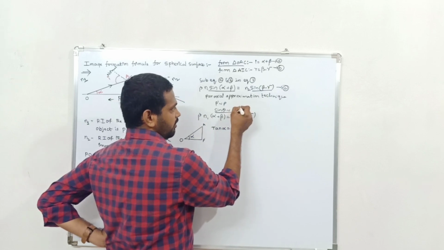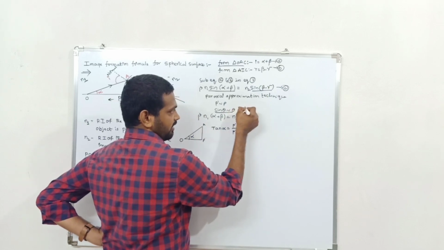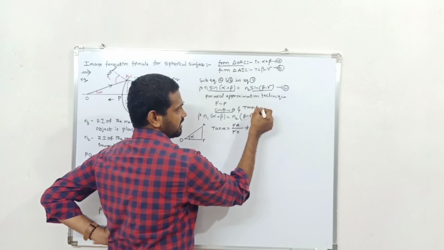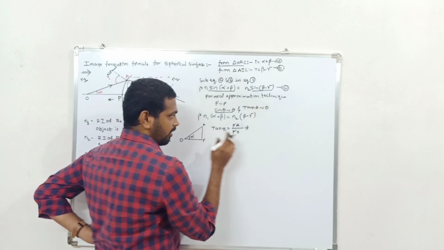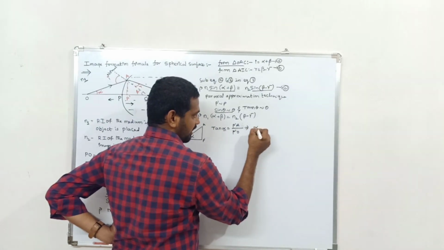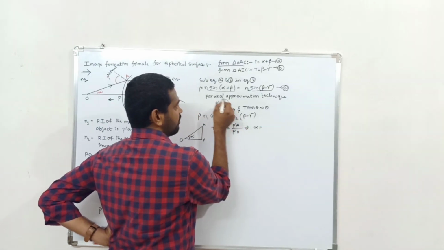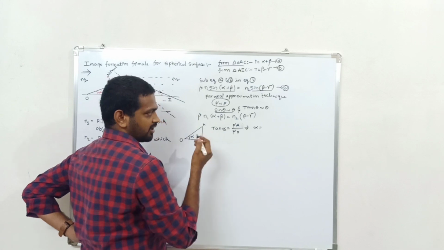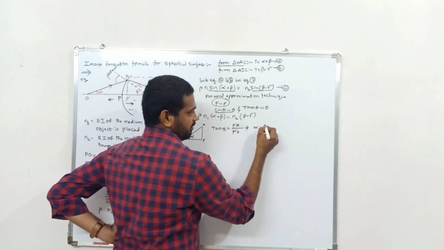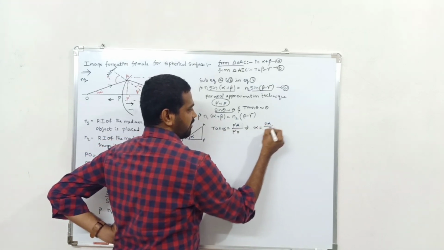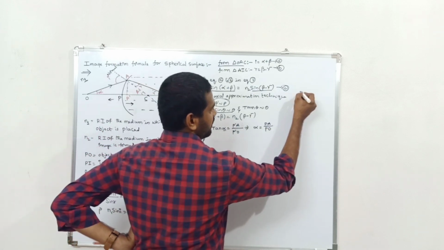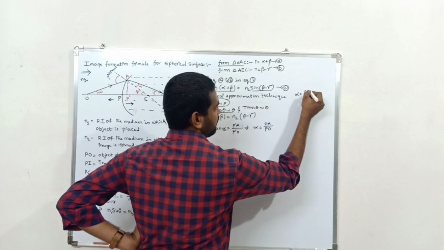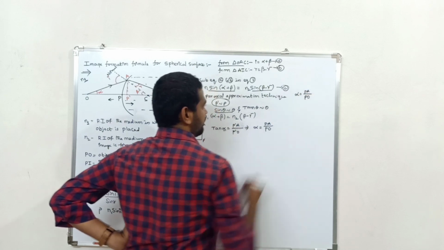Whenever you are doing the paraxial approximation technique, tan theta is also expressed as theta. So in the theta value here you will have alpha. So alpha is equal to, and moreover P dash should be approximate to P. So in place of P dash you need to write PA divided by PO. So what is the value of alpha you got? Alpha is equal to PA divided by PO.